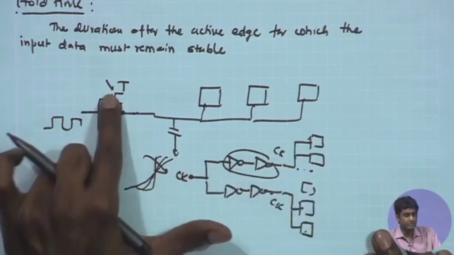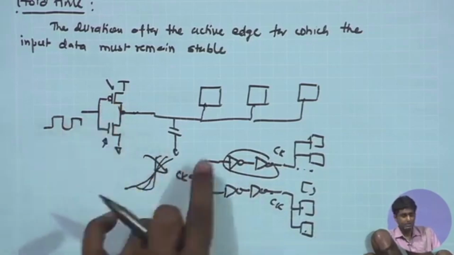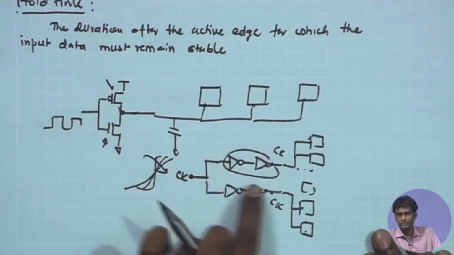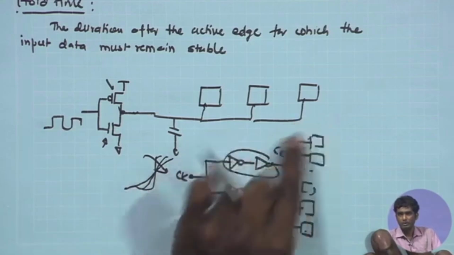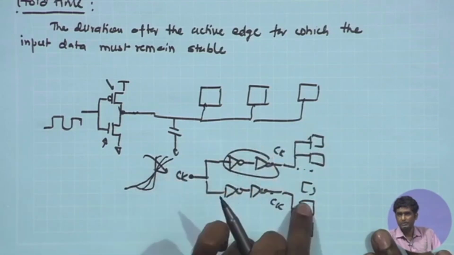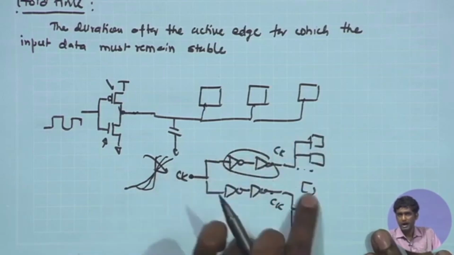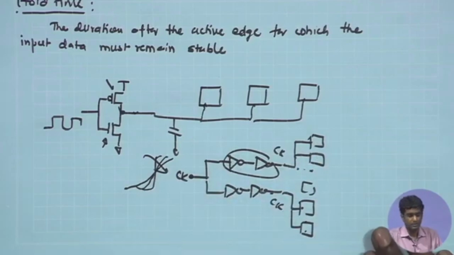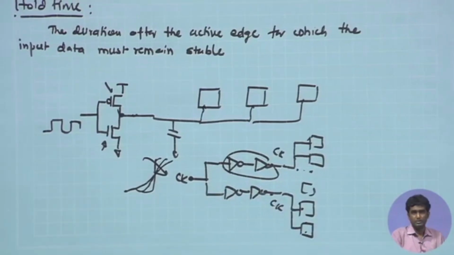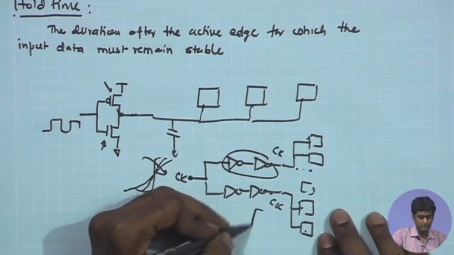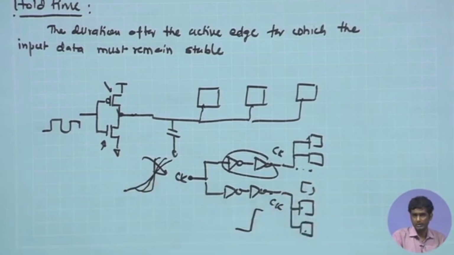So, one option is you increase the size of the driving gate, the other option is you split the signal, you use buffers like this, so that the load or the fan out of the individual buffers at the output is lower. Here for example, I have split it into two halves, each of them catering to half the load. So, this can help you in retaining the overall sharpness of the rise and fall time of the data and the clock.